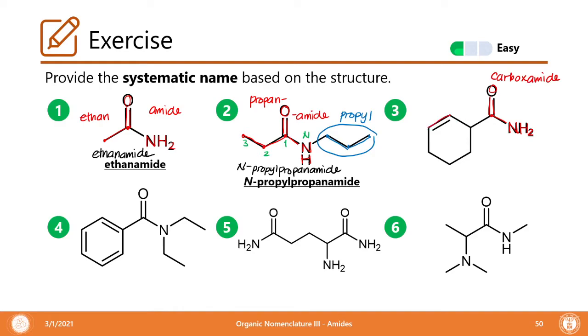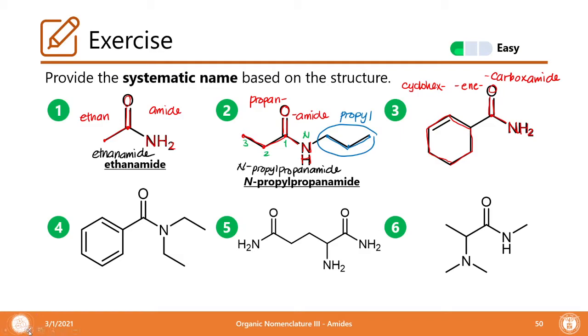And this is our cyclohex. Okay, and we have an alkene here. Cyclohexene, and in consonant started vowel, and with vowel start with consonant. Cyclohexene carboxamide.